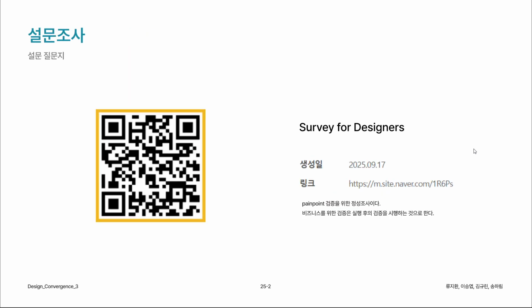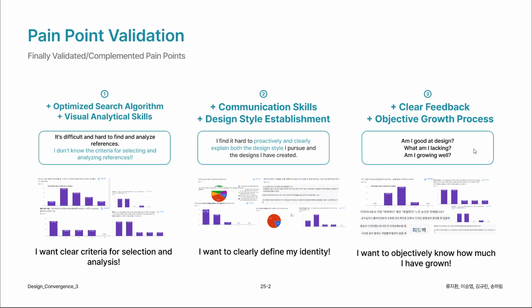To verify these insights, we conducted a survey. After analyzing the results, we discovered the deeper needs behind them: the need for clear criteria for selecting and analyzing designs, the need to express one's identity more clearly, and the need to track growth objectively over time.